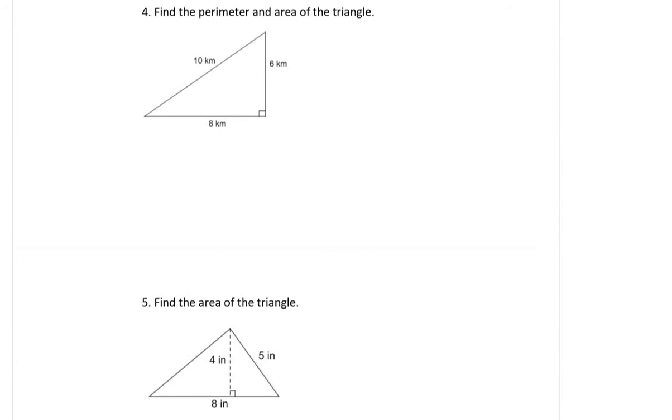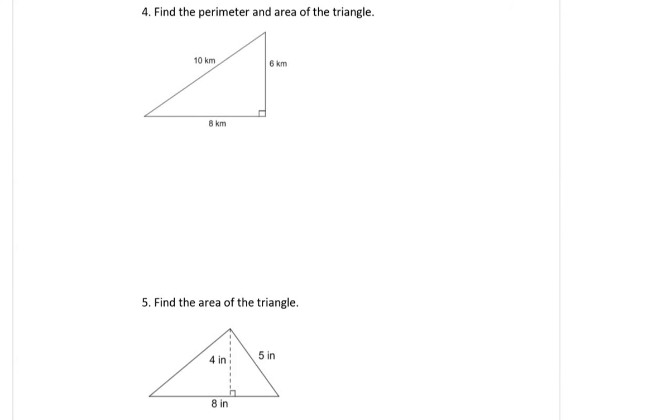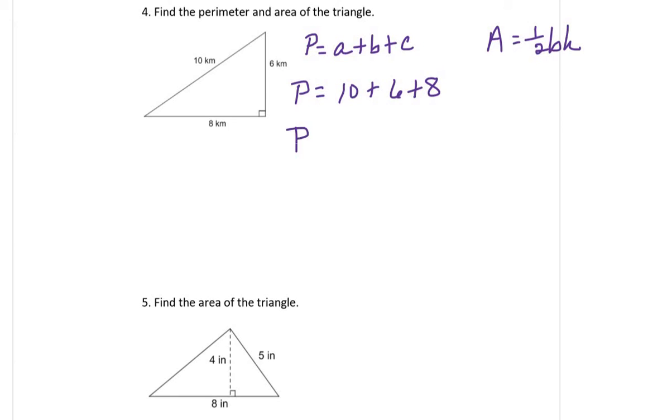Okay, problem 4 has us find the perimeter and the area of the triangle. Now the perimeter formula for your triangle is just adding up all 3 sides, and your formula for the area of a triangle is 1/2 base times height. When we're adding up the sides, it really does not matter which side we call A or B or C. So we're just going to add all of those up, and we get 24 kilometers for the perimeter.